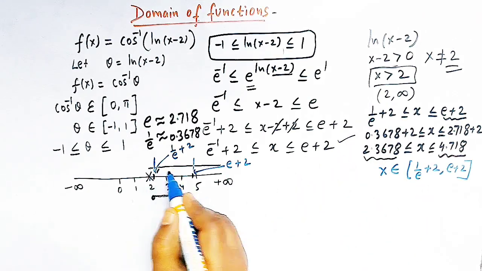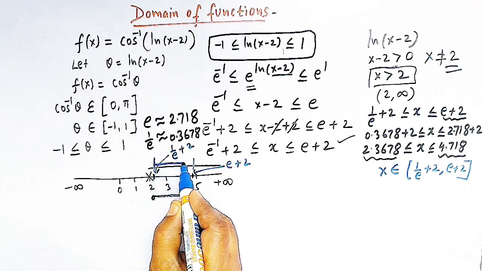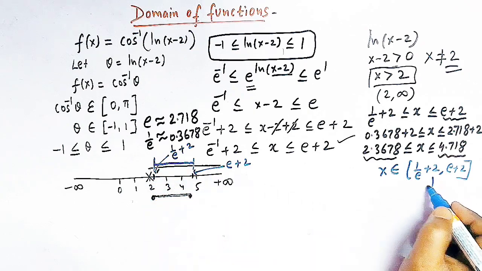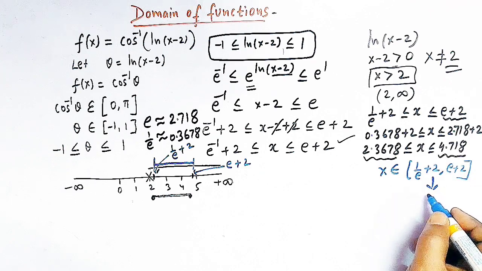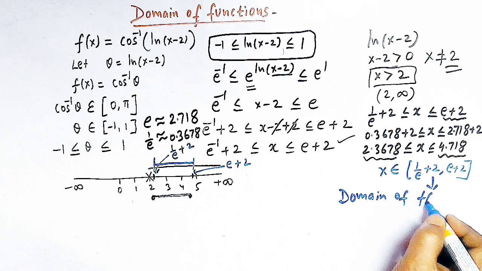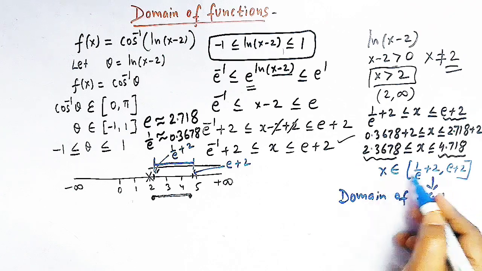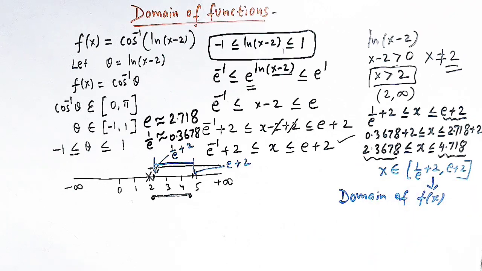So the domain of this function is given by this region. So this interval, which is closed from both ends, gives us the domain of f of x, and the domain is given by this interval, 1 over e plus 2 to e plus 2.